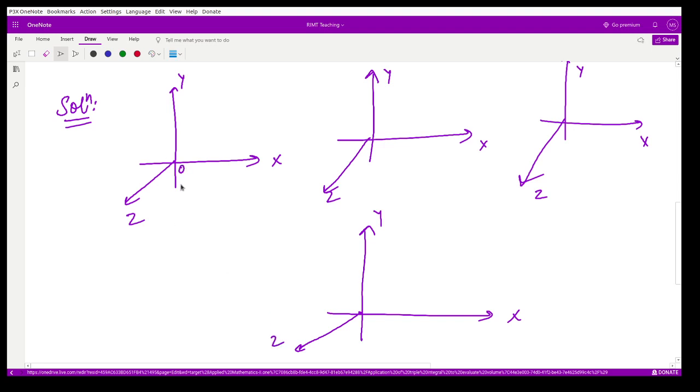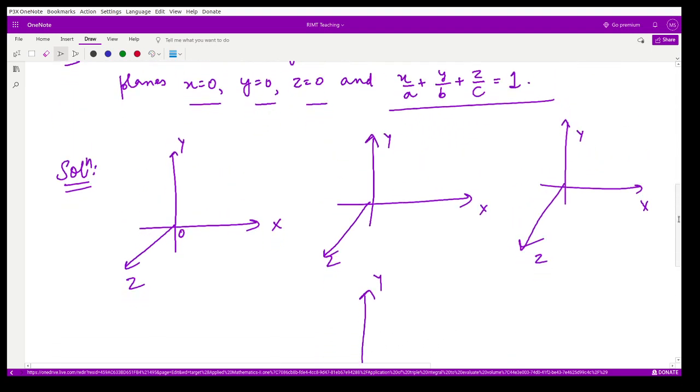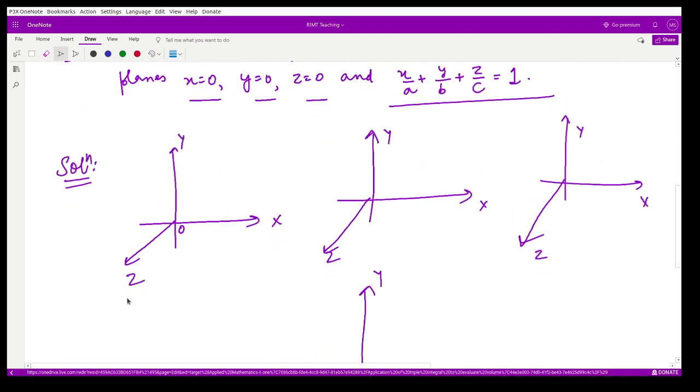Now whenever we are saying x is equal to 0, what is your plane x is equal to 0? The plane x is equal to 0 means x is 0, so we are basically in the yz plane. For this, the value of x is 0, right? So this is your plane x is equal to 0. What is your plane y is equal to 0?